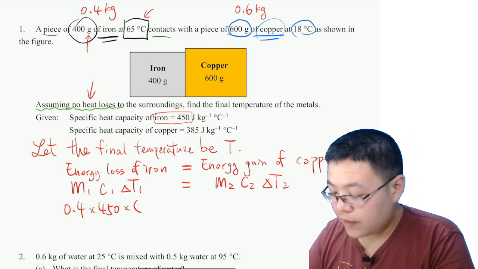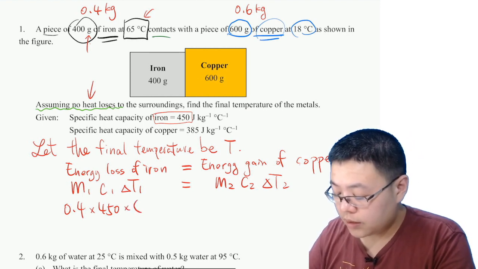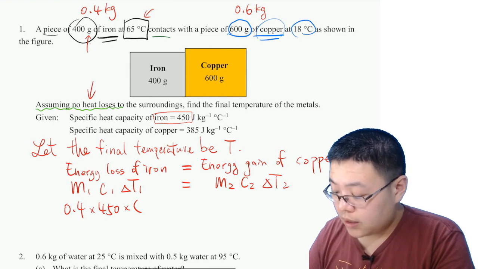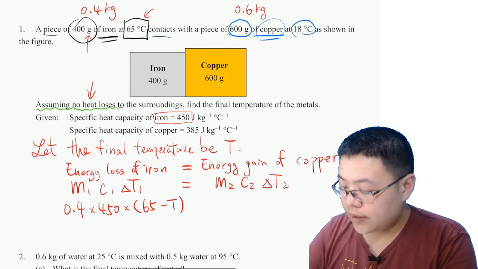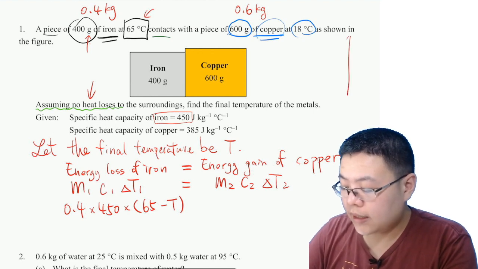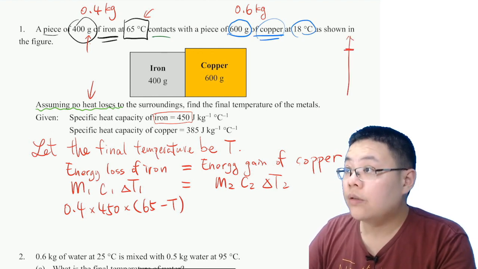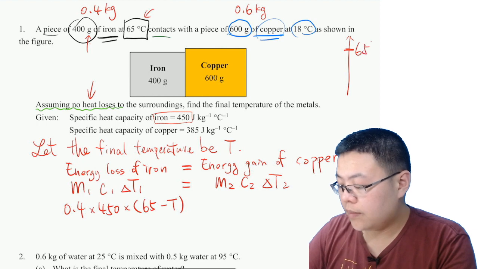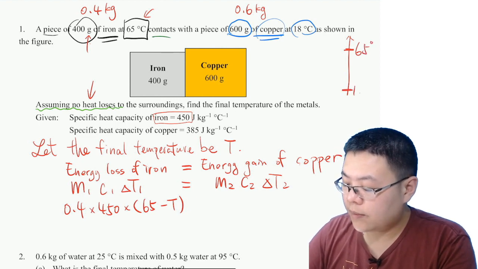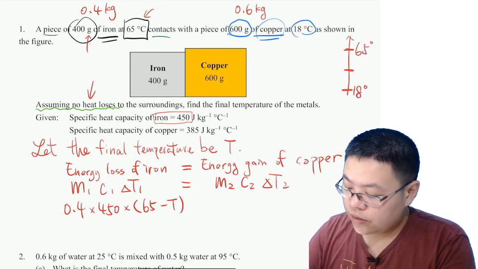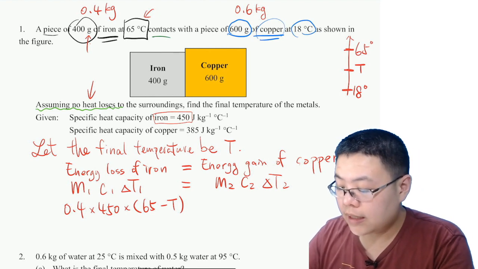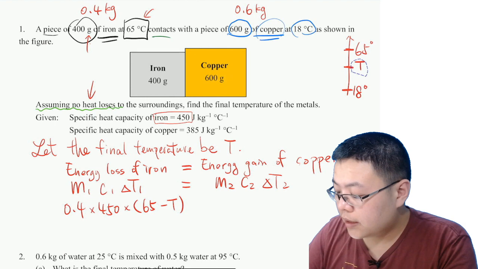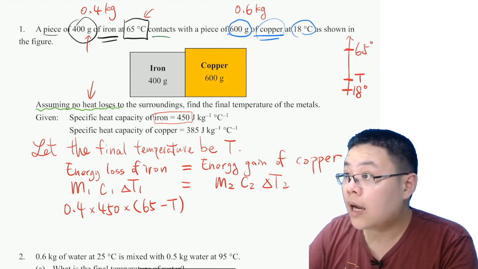Temperature change is final minus initial, or absolute. So the hotter one is 65, and T is the final one. Okay, if you like the drawing, you can use it. 65 is the high temperature, 18 is the low one, and somewhere in between there is a T. We don't know whether it is higher or lower. Okay, it can be higher or lower.